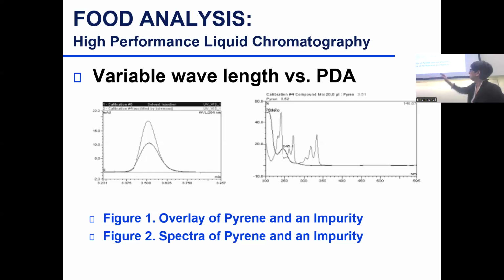When you look at the PDA, you see two different spectra. You'd say one is pyrene, the other is an impurity. So let me work on resolution so that I can get the exact area under the curve for what I'm trying to quantitate, which is pyrene in this case. That's the power of a PDA.